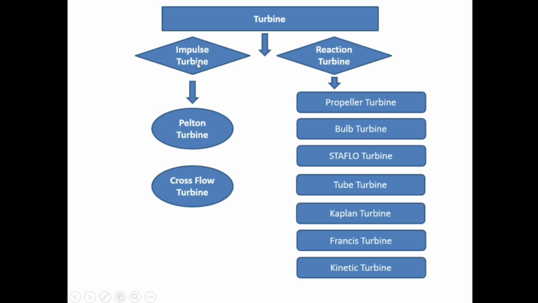One is impulse turbine, another is reaction turbine. Impulse turbine includes Pelton turbine and cross flow turbine. Reaction turbine is again divided: propeller turbine, bulb turbine, straflo turbine, tube turbine, Kaplan turbine, Francis turbine, kinetic turbine. Read the details from a book.